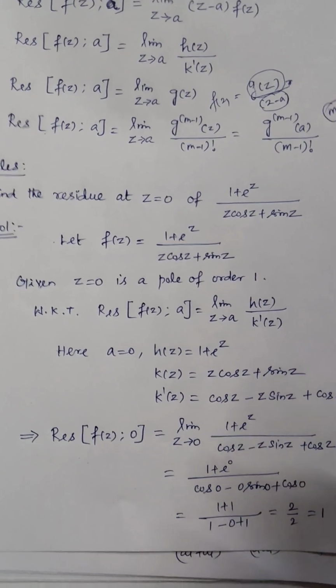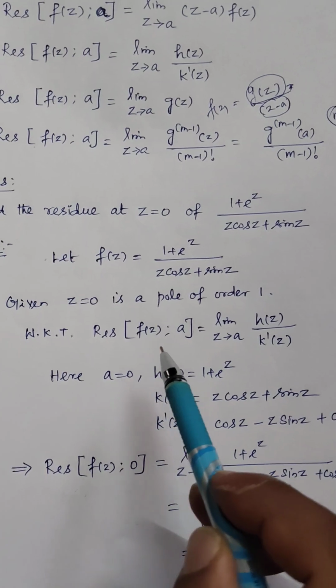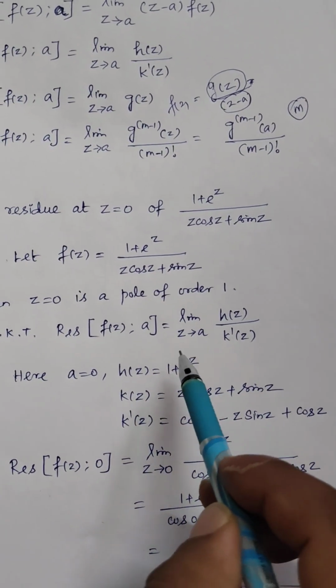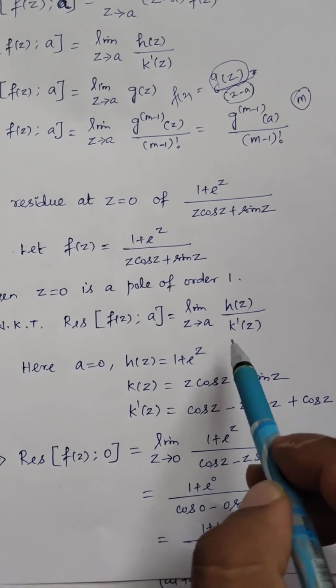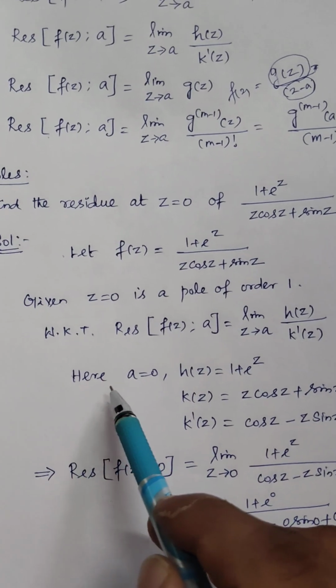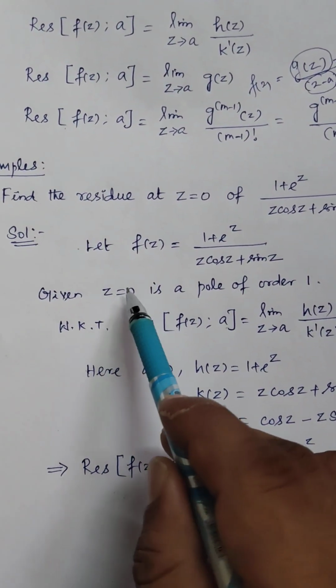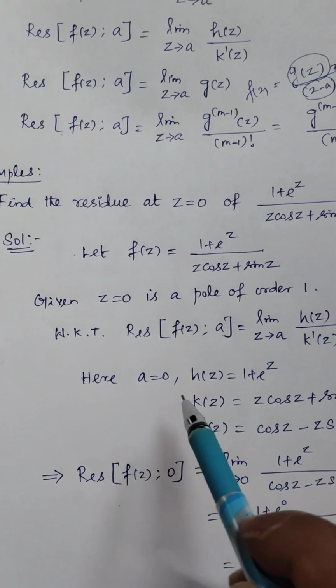Okay, so we know that the residue of f of z at the pole a is equal to limit z tends to a of h of z divided by k dash of z. So here, what is a? The given pole. So consider the given pole as a, so a equal to 0.